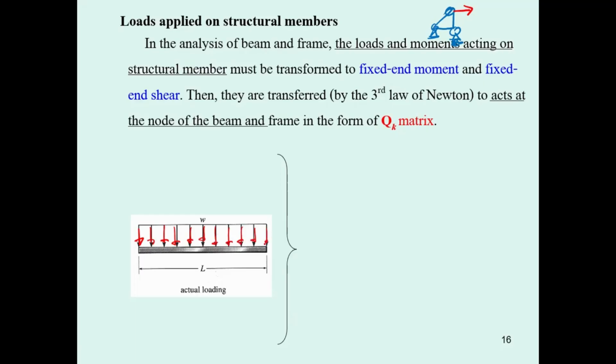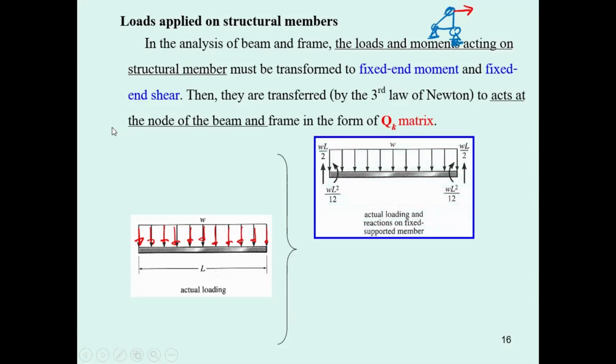Then going back to the slope deflection equation, you will have an equation to determine the fixed end moment. However, the table doesn't provide you with the fixed end shear. You have to determine the fixed end shear by using the free body diagram and the equation of equilibrium.